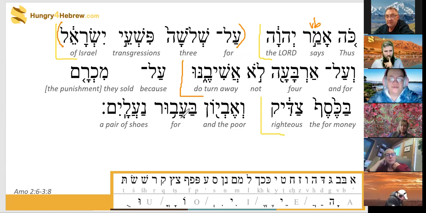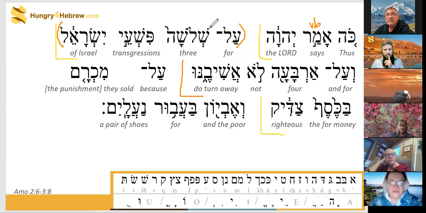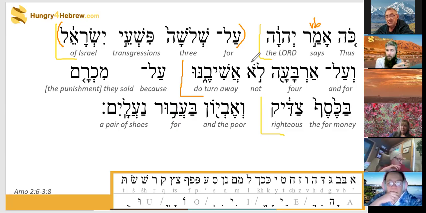How do I know that? There's no verb. It starts with al. Exactly. It starts with a preposition. Very good. And every preposition is supposed to have a prepositional object. Remember, prepositions show the relationship between two objects. So it needs objects. So al, where's my object? Here it is. Shlosha pish'ei Yisrael.